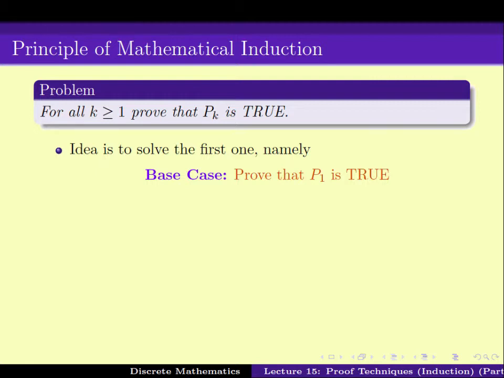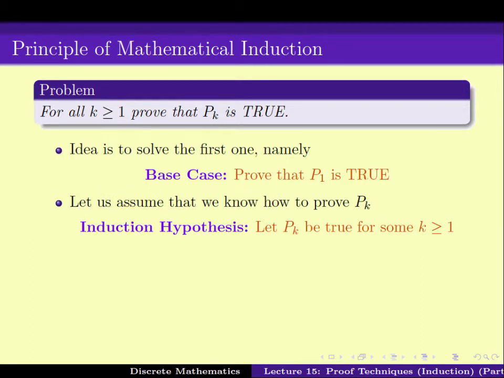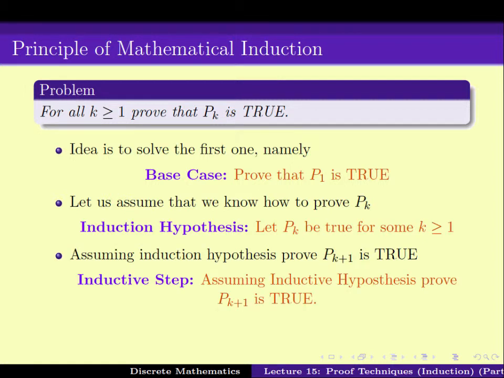We have to first prove that P1 is true. The second step is the induction hypothesis: assume that Pk is true for some k greater than or equal to 1. And then, using the inductive hypothesis, prove that Pk plus 1 is true.